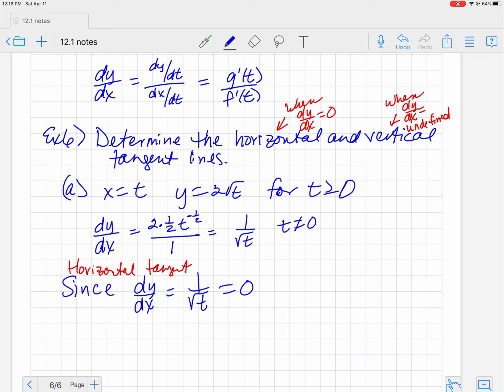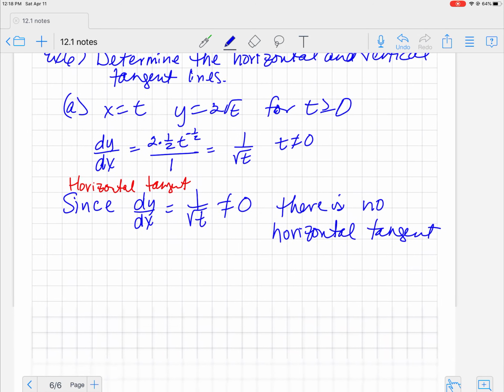Is there any possible way that's ever going to equal 0? No. If you have a number in the numerator, there's no possible way, because 0 is 0 divided by something. There's no variable up there. So this is never going to equal 0.